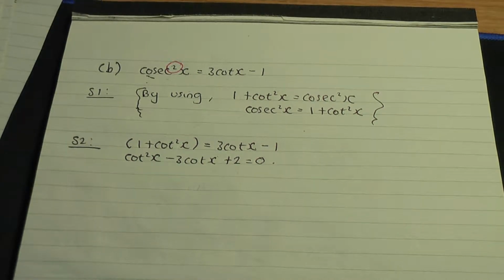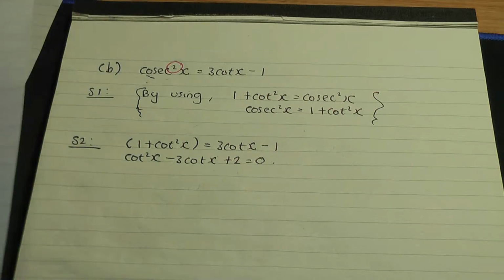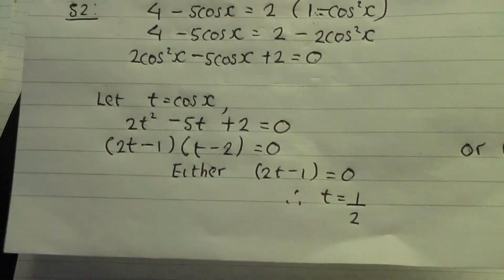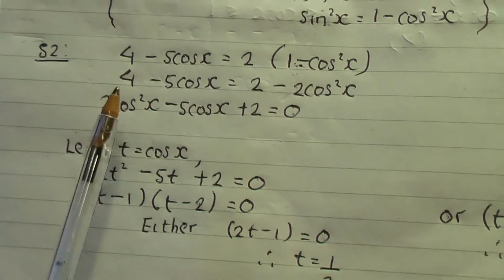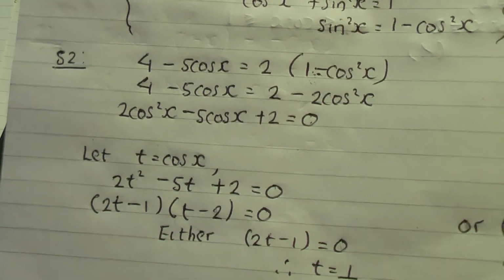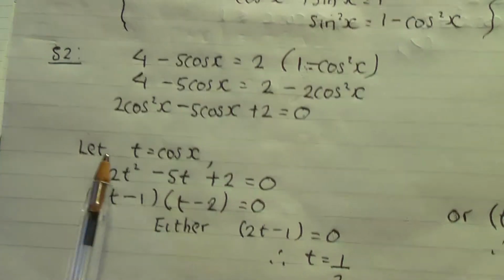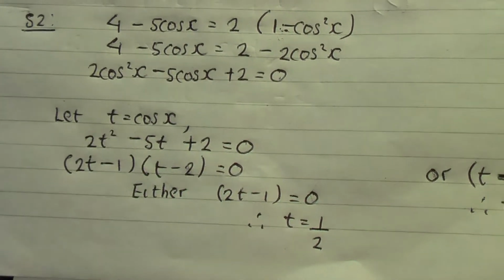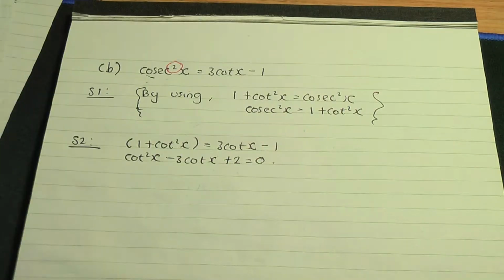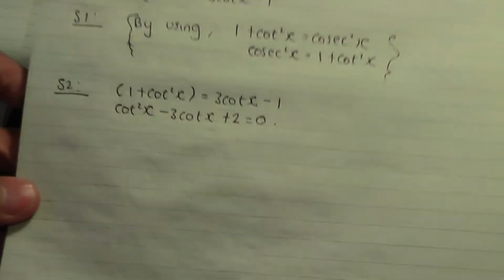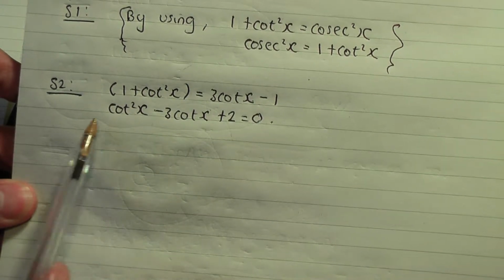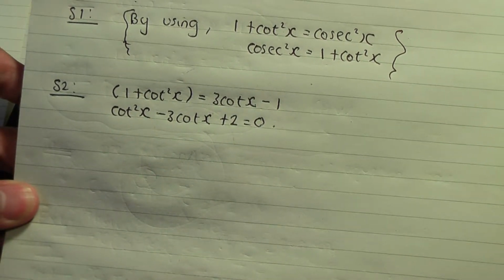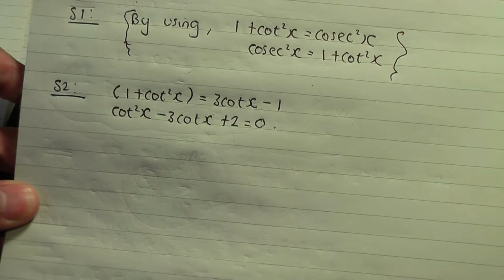Now as before, if we go back to the previous example in part A, I replaced the cos terms in the quadratic with t, so I let t equals cos x. In our case I'm going to do a similar step. It is a quadratic, but I'm going to make it easier for us to solve.